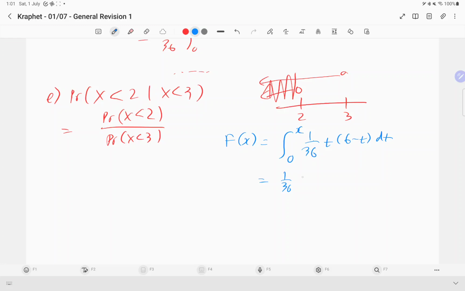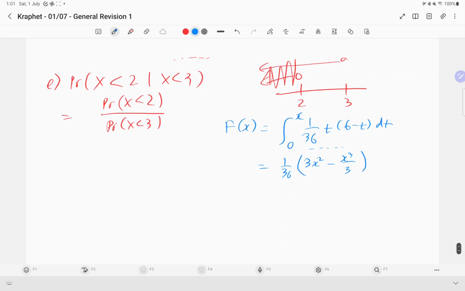So 6t, that'll be 3x squared, if you were to work it out. I'm skipping a bunch of steps here. That'll be 3x squared minus x cubed over 3. So if you find big F of x, it will be like that.